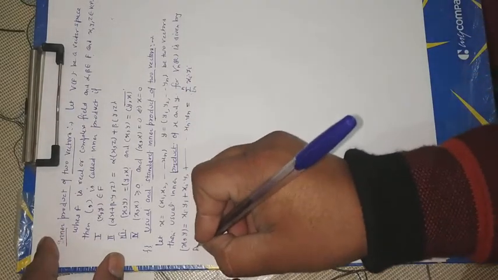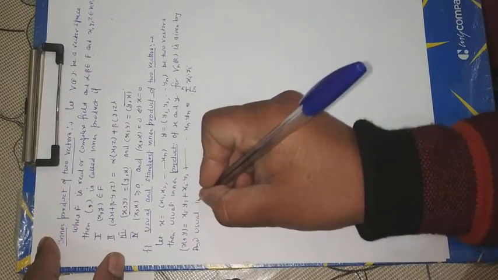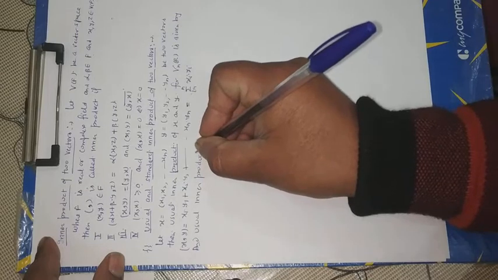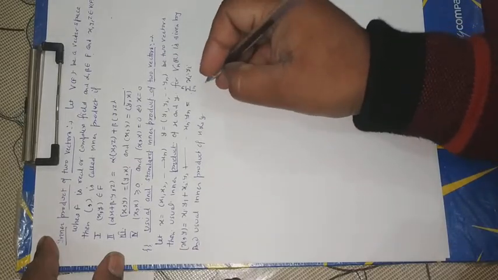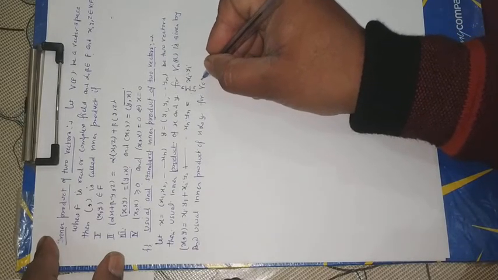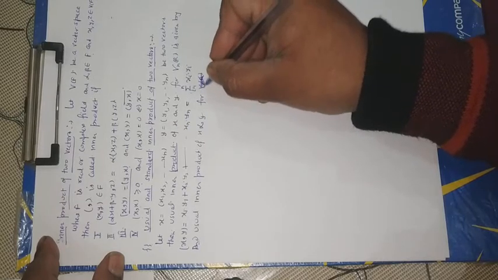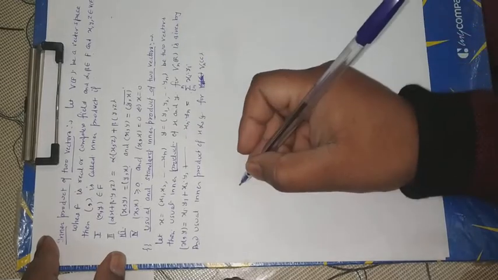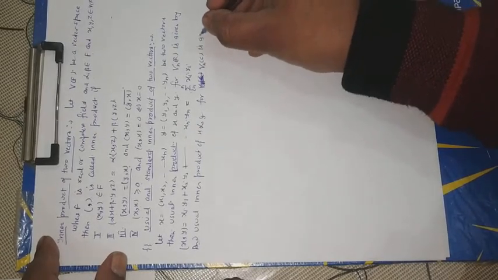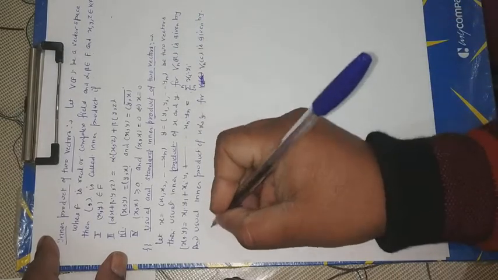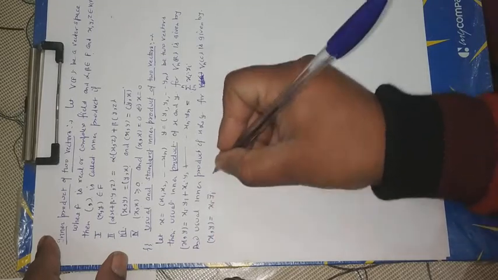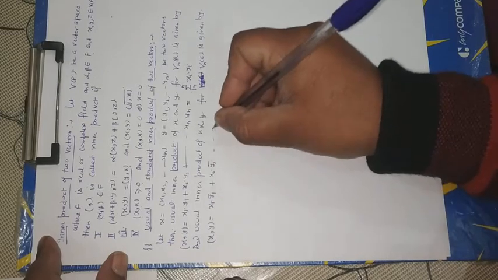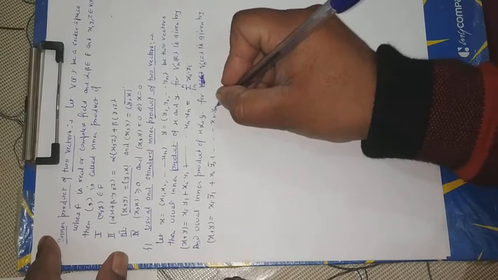Okay, and the usual inner product of x and y for V(C) is given by: x inner product with y is equal to x1 times y1 bar plus x2 times y2 bar up to plus xn times yn bar.